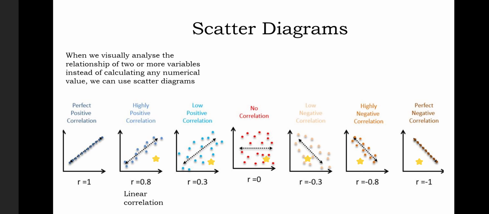So whenever you see a highly positive or perfect positive correlation, you will call it a linear correlation. Also, if the relationship is highly negative or perfectly negative, you can also call it a linear correlation. I'm sorry about the earlier mistake with low positive correlation, so we have removed it.